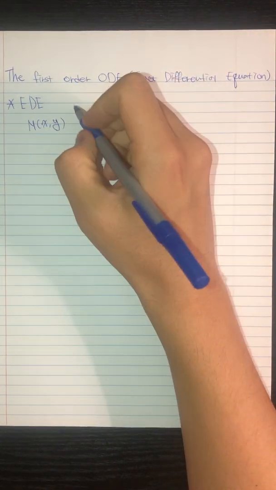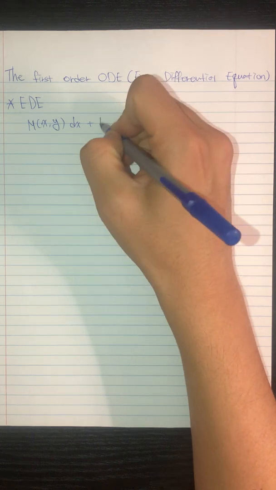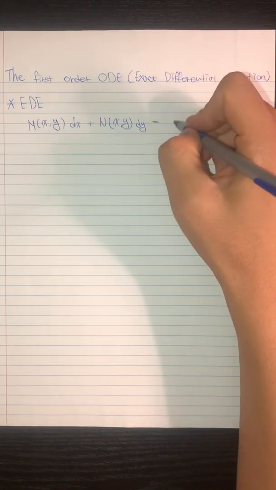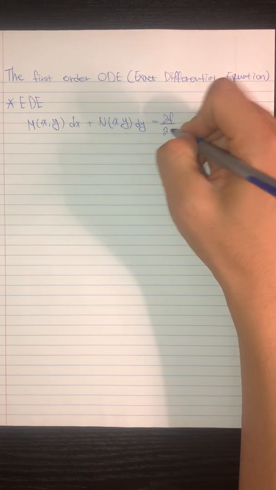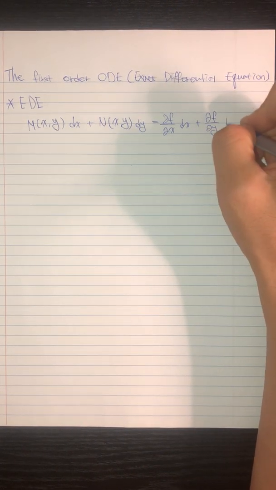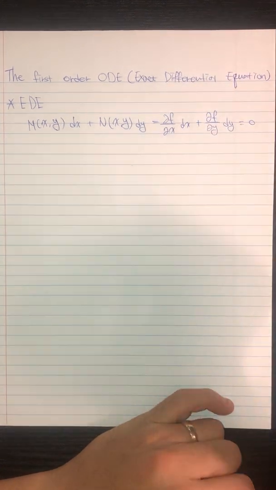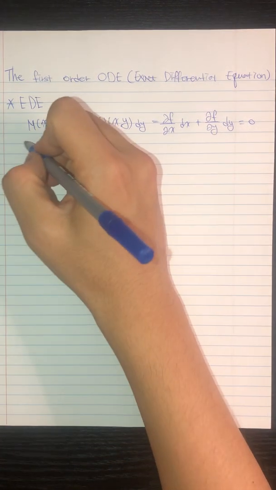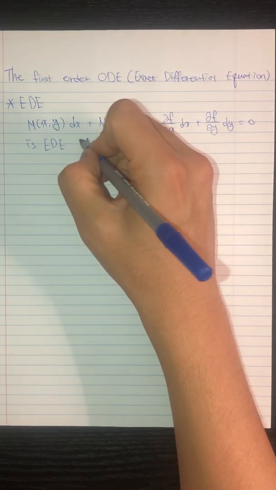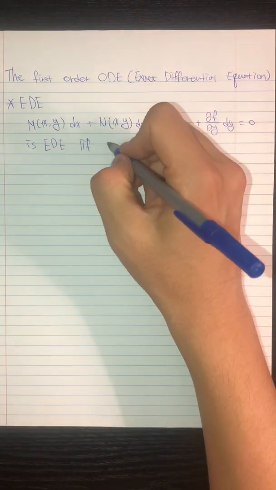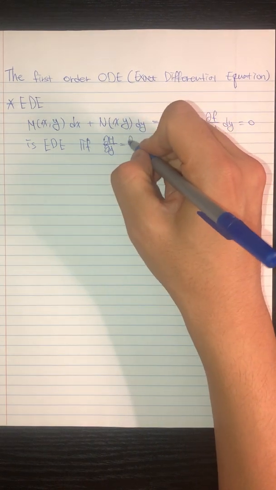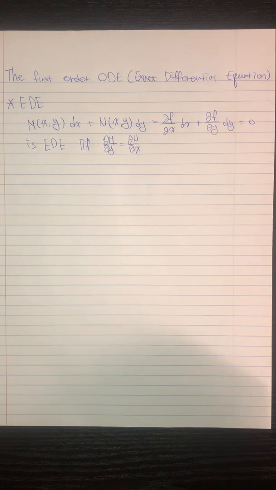M(x,y) dx plus N(x,y) dy, equal to ∂f/∂x dx plus ∂f/∂y dy, equal to 0, is an exact differential equation if and only if ∂M/∂y equals ∂N/∂x.